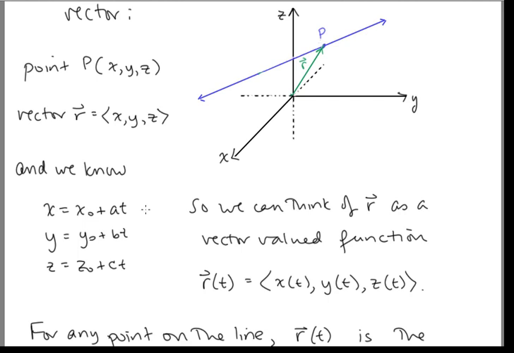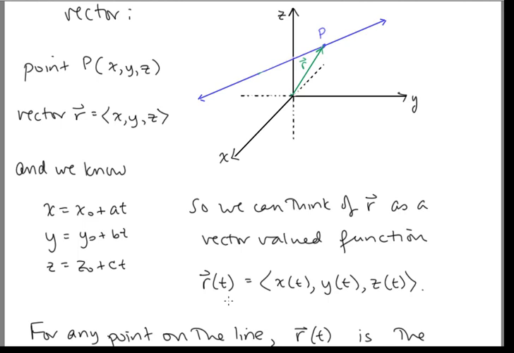By the parametric equations for the line, x equals x naught plus at, y equals y naught plus bt, and z equals z naught plus ct. So we could think of r as r(t), a vector-valued function, with x(t), y(t), z(t).